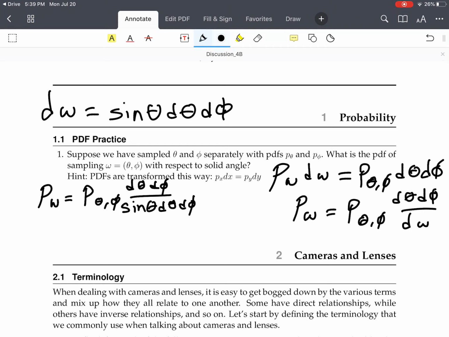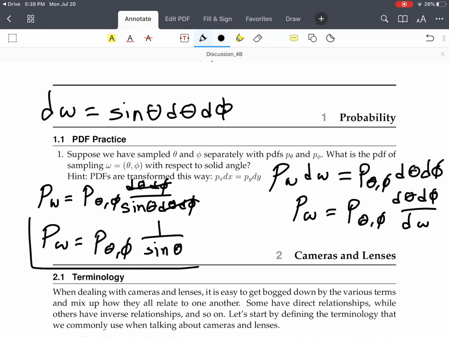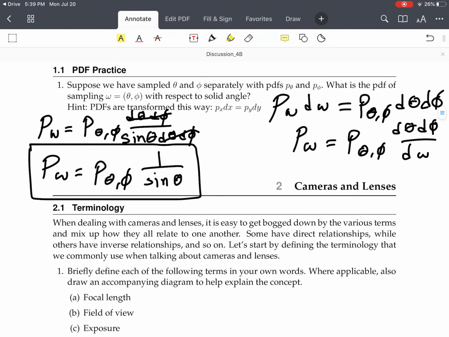Just plugging in that equation up there, and then we just cancel these out, and we get p of omega is equal to p theta phi times 1 over sine theta. Okay, it's a little bit of a weird way to write it, but it's still correct. So there we go. We just used the hint, did some math, brought in this equation from last time, and we got our answer. So just a little bit of review.